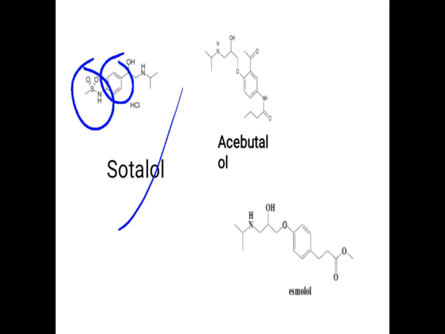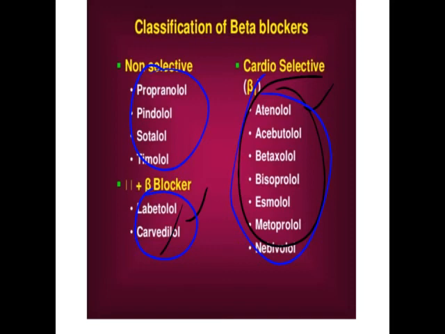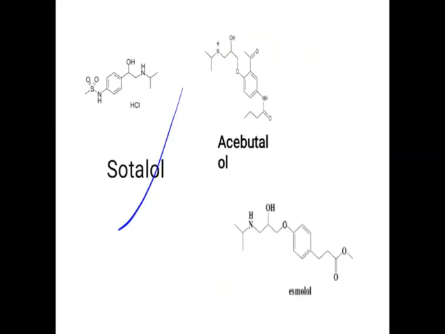In the case of acebutolol, an amide linkage is present which is required for the beta selectivity. Similarly in the case of esmolol, it is also a beta 1 selective drug.